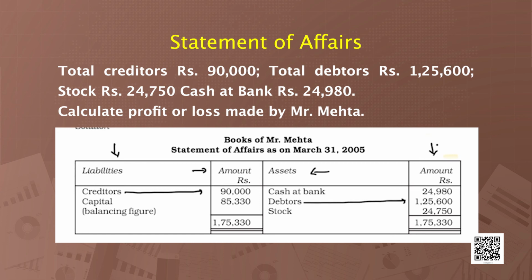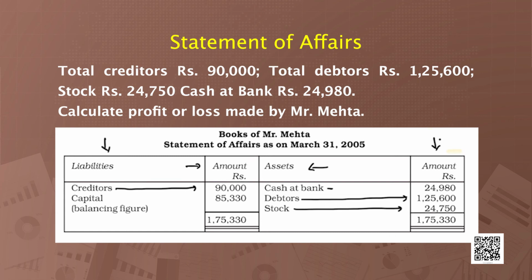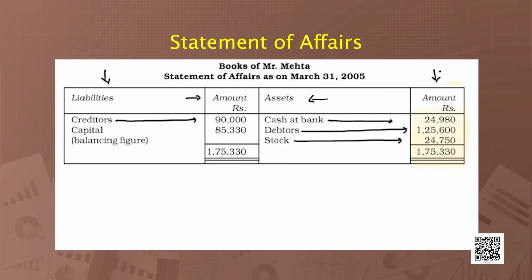I placed it on the asset side. Then you had stock. I placed it on the asset side. Then you had bank. I placed it on the asset side. Now, I added all the assets and it gives me the total of 1,75,330. So, whatever the total of asset side is, the total of liability side should be the same.